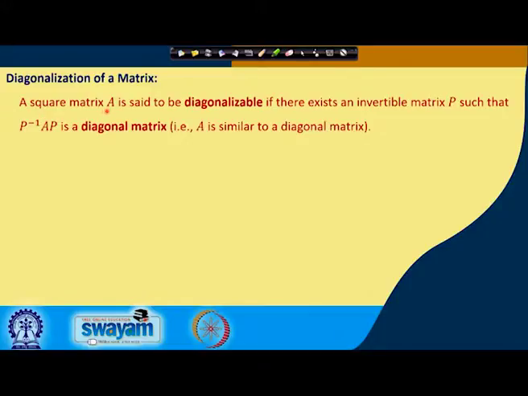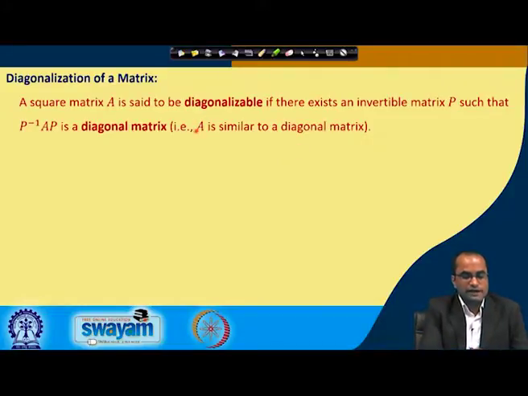A square matrix A is said to be diagonalizable if there exists an invertible matrix P such that P inverse A P is a diagonal matrix. In other words, this concept we have already introduced, the similarity of the matrices.